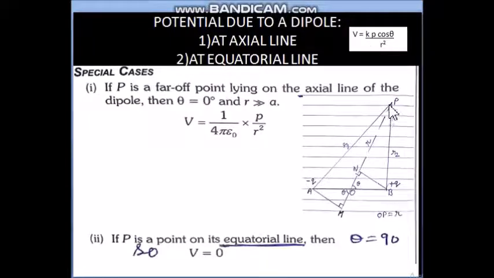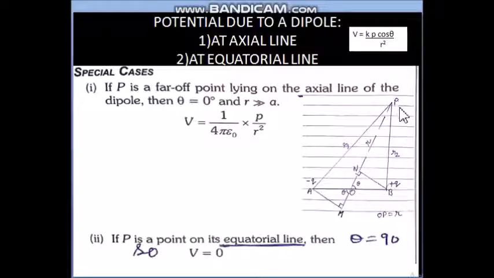Now suppose we have to take this point on the axial line of the dipole. Axial line means the line joining the two charges. That means this AB line, if it is extended, then this is the axial line. So suppose this point P we pick and we bring it to the axial line. Now think about the theta.